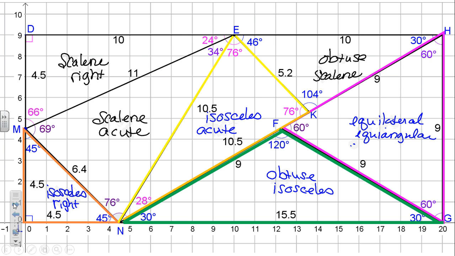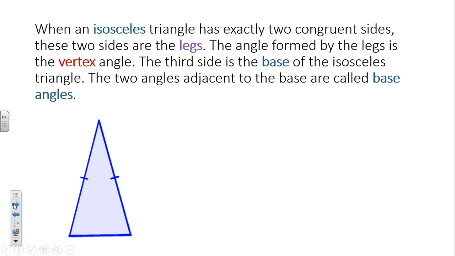Okay? So I want you to identify all of the parts of this triangle that are in bold. So this is an isosceles triangle, and it has exactly 2 congruent sides. And those congruent sides are called the legs. So I want you to label the legs of your isosceles triangle. Okay?